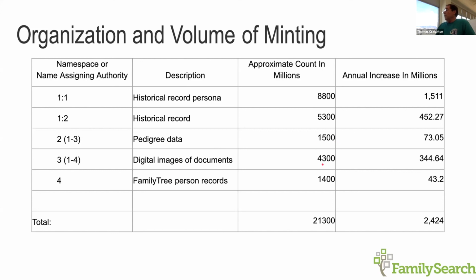Digital images are 4.3 billion, and it makes sense that we would have more personas than images because you tend to have lots of personas on each of the original documents. And then I show you in millions the growth rate for each of those things. So in total we're managing something north of 21 billion ARKs right now.